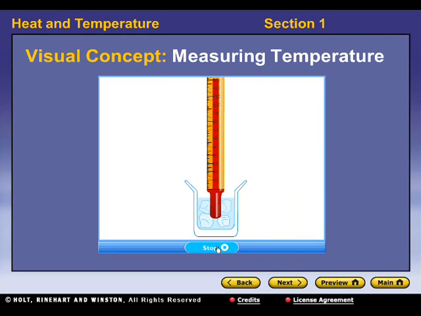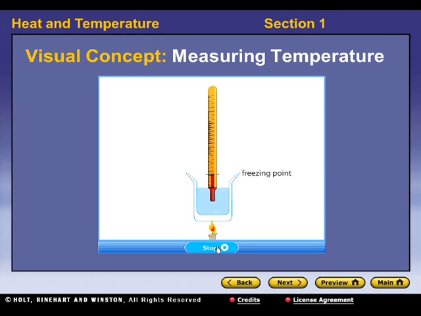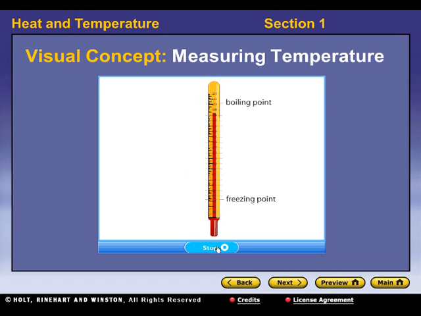We can create a scale for a thermometer with two known temperatures. Common reference points are usually things like the freezing point of water and the boiling point of water at standard pressure. Once these 2 points are identified on the thermometer, the distance between them can be divided into evenly sized intervals. These intervals are often called degrees.